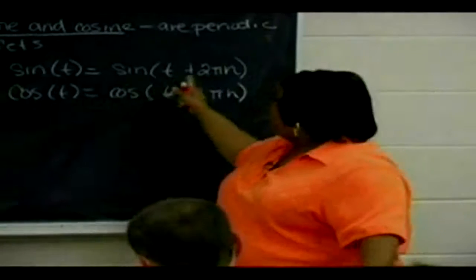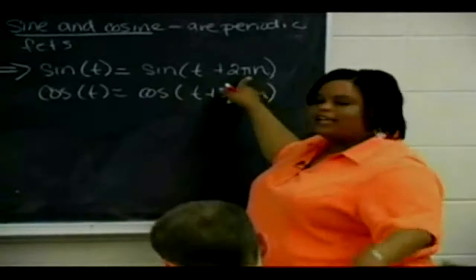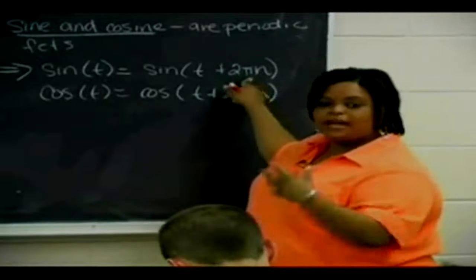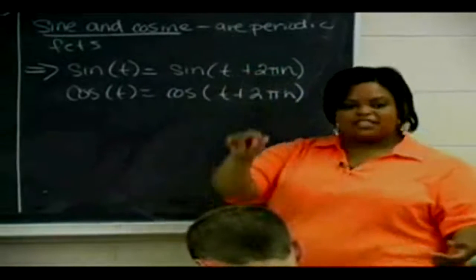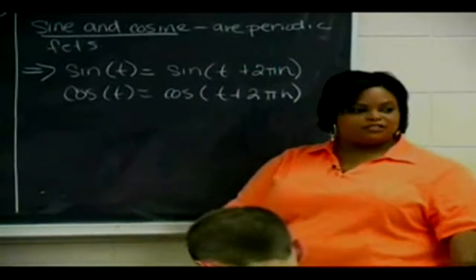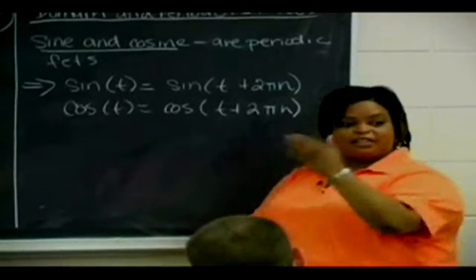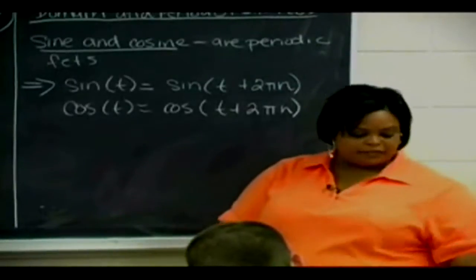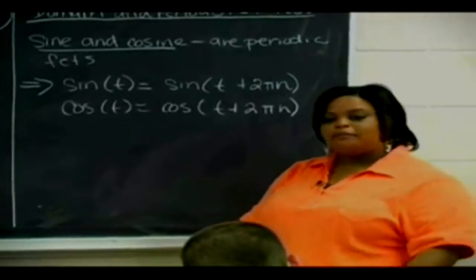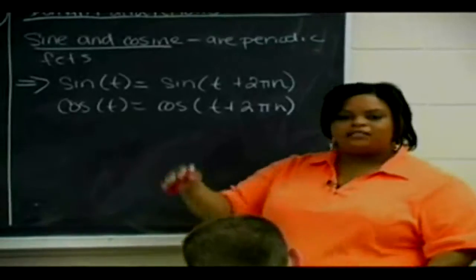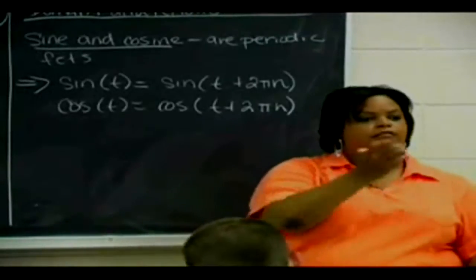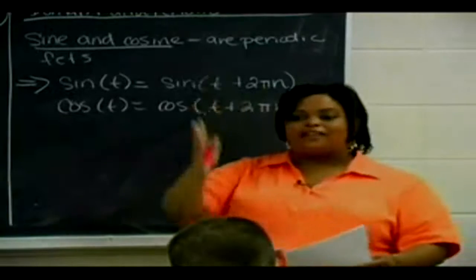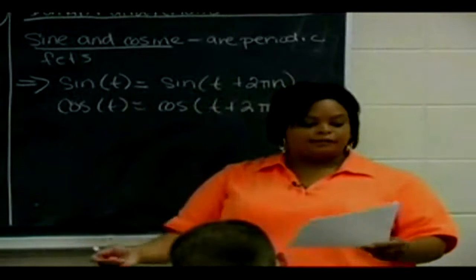So when I add 2 pi or any multiple of 2 pi, that's where the n comes in, 2 pi, 4 pi, 6 pi, then that gets me to several revolutions or several periods of this sine function, or the cosine function. So by adding 2 n pi, I'm just adding periods to this sine function. And by the way, it's a wave, and it goes on and on and on.